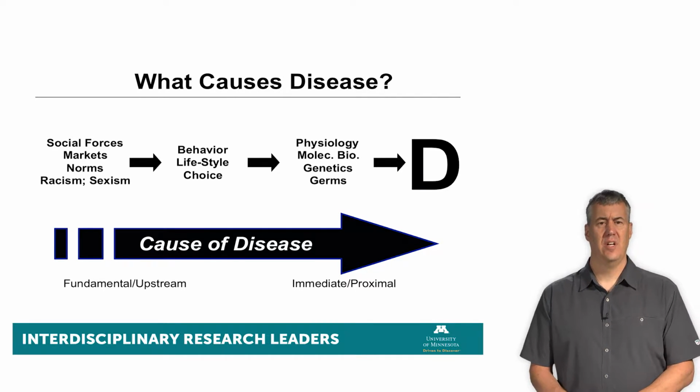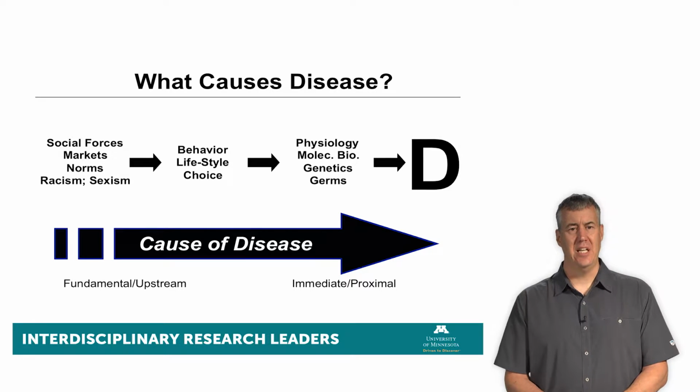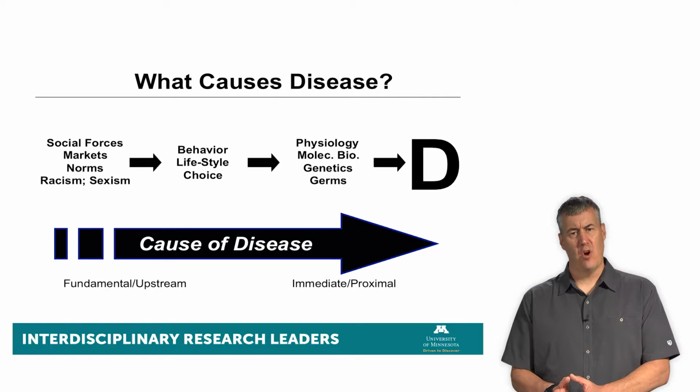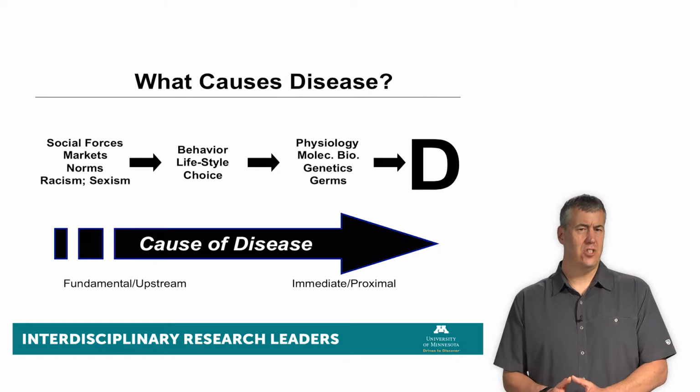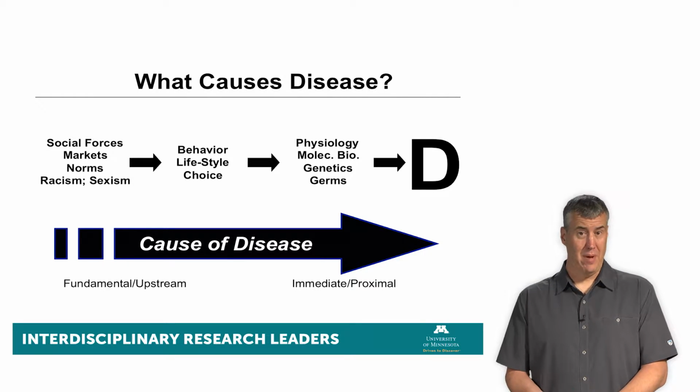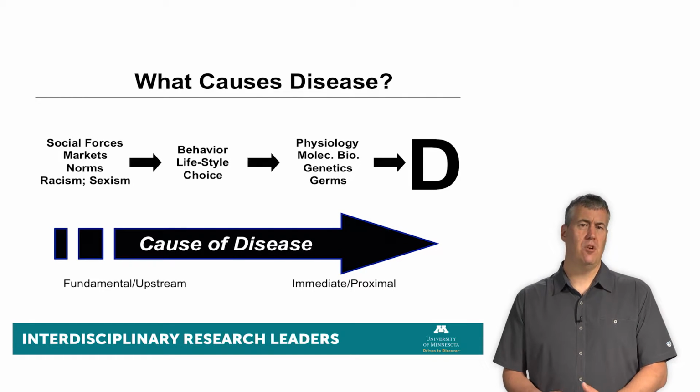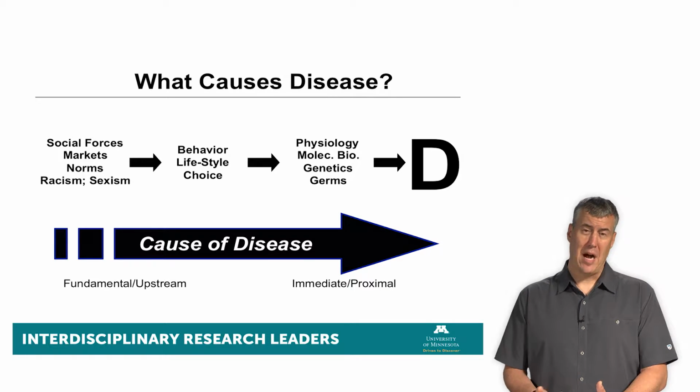One can think of, in this case, disease as that big D. And there are things that are proximal or immediate causes of those disease, such as genetics, or maybe a bacteria that gets in your bloodstream, physiology, molecular biology. All these things clearly matter, and we're silly if we reject the biophysical facts of Mother Nature and our own human existence.